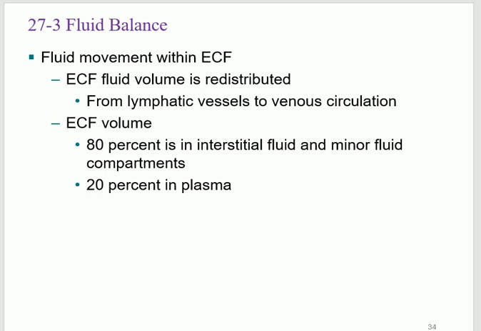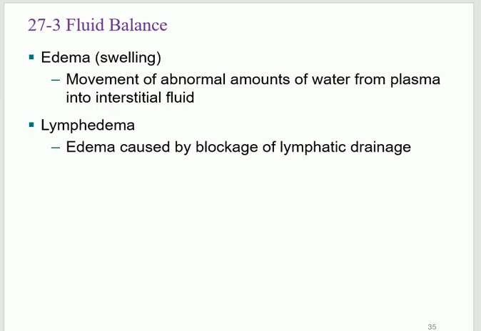Intracellular fluid is what's inside the cells. Extracellular fluid is everywhere else, but 80% of it is interstitial fluid and minor components, and 20% is in the blood, which is plasma. So remember this again. Water leaves capillaries from the arteriolar side. Clear? It goes back from the venular side, right? All of it? Not all of it. Part of it stays, right? 10 milliliters leave, 7 or 8 go back.